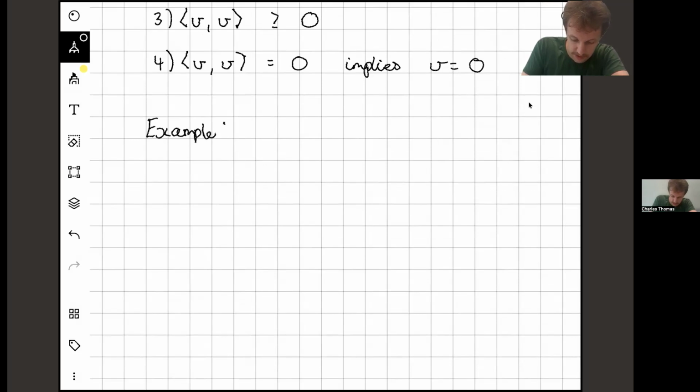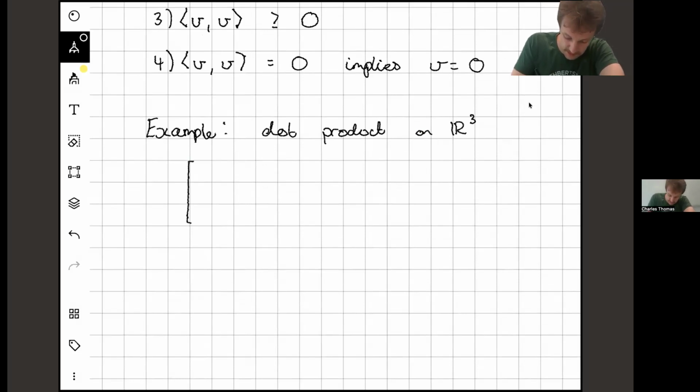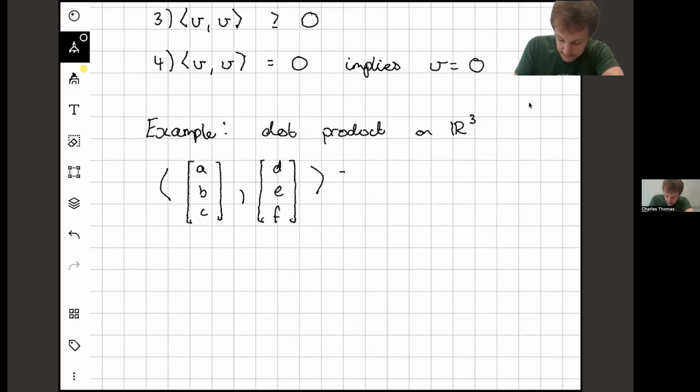And one example is one you might have seen before, called the dot product. And we'll look at, let's say, R3. The dot product on R3 is defined to be, I take 2 vectors in R3, so that's just a column of 3 real numbers, and we define a dot product on them to be AD plus BE plus CF.